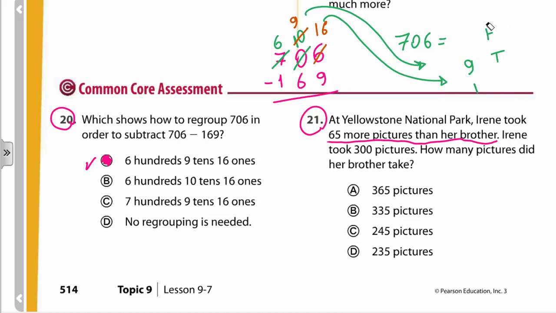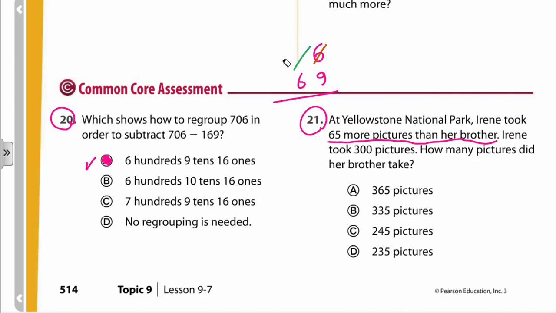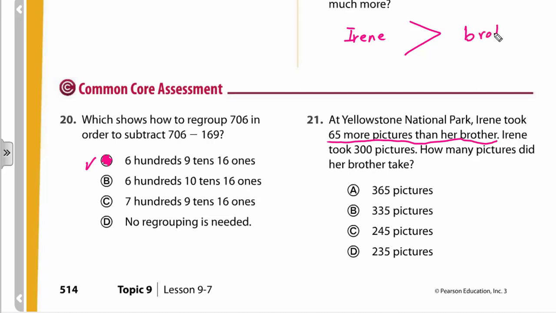Yes, I will erase this so we can write at the top. So Irene is greater than her brother, right? The 300 here is for Irene or her brother? For Irene. Okay, I will draw a bar diagram.